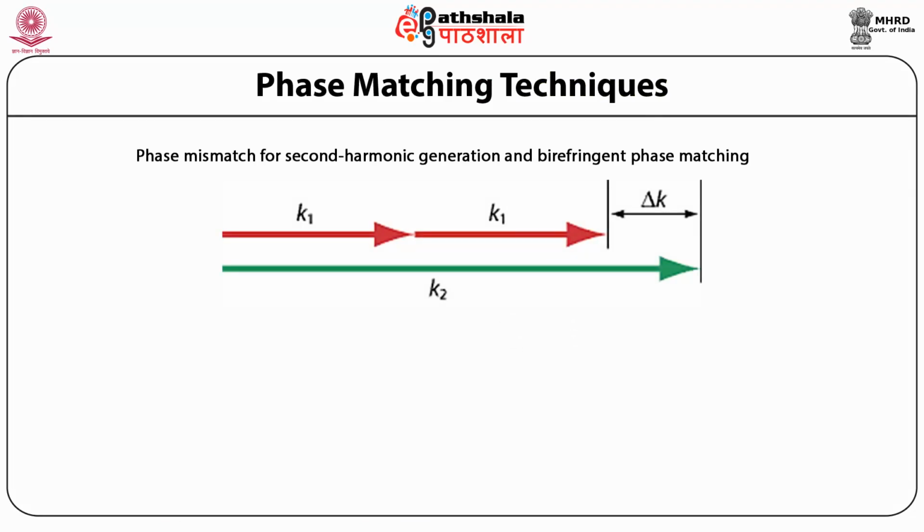The chromatic dispersion of an optical medium is the phenomenon where the phase velocity and group velocity of light propagating in a medium depend on the optical frequency. Absence of chromatic dispersion could lead to k2 = 2k1, and the phase mismatch vanishes.